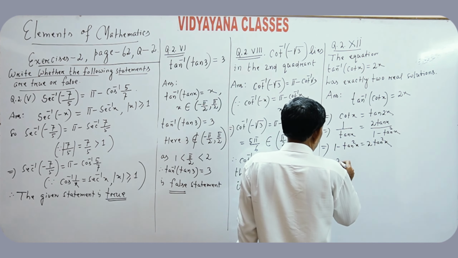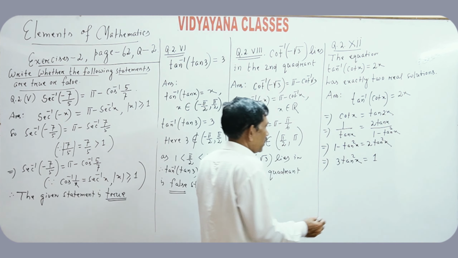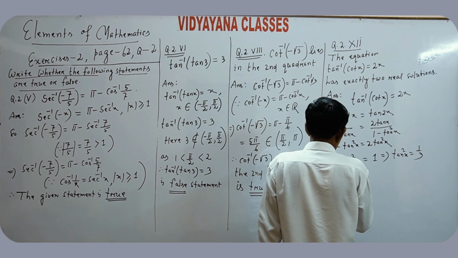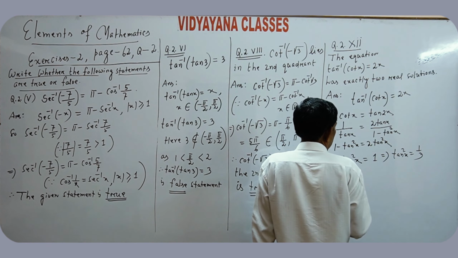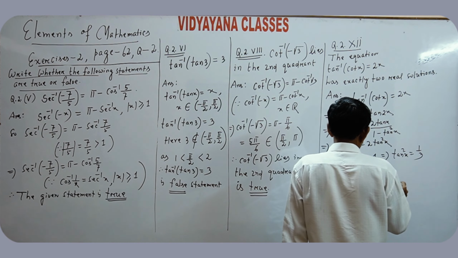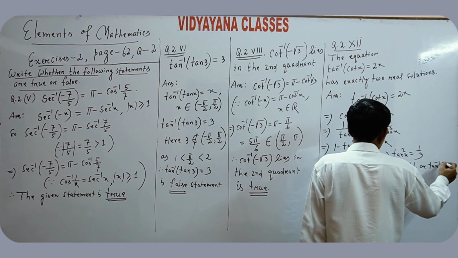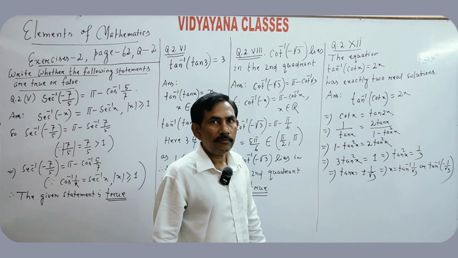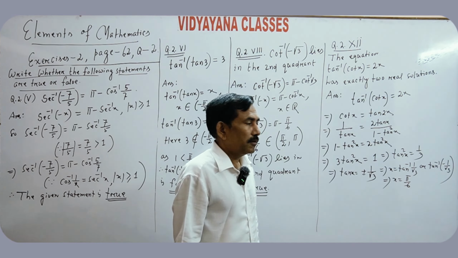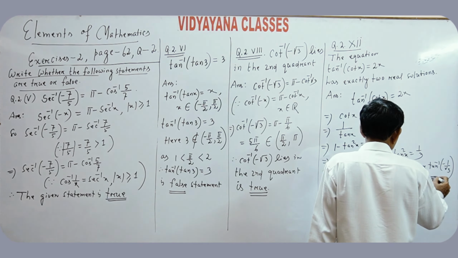Clear? Okay. 3 tan square x is equal to 1, which implies tan square x is equal to 1 by 3, so tan x is equal to plus or minus 1 by root 3. Therefore x is equal to tan inverse 1 by root 3 or tan inverse minus 1 by root 3. Tan inverse 1 by root 3 is 30 degrees, pi by 6, or tan inverse minus 1 by root 3 is equal to minus pi by 6.